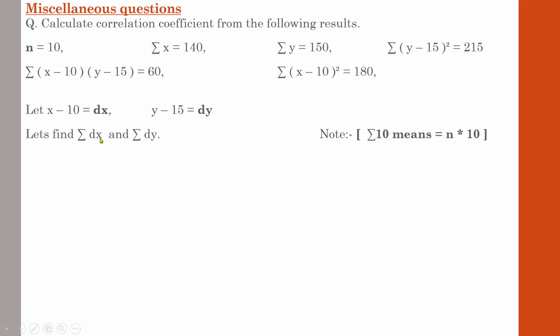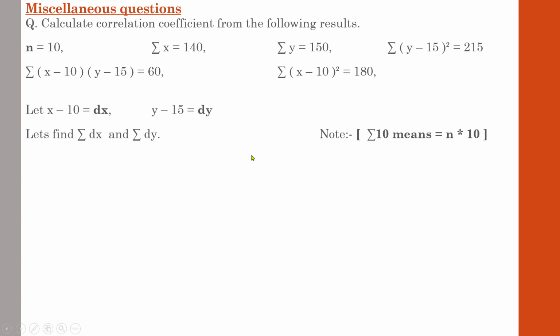Let's find sigma dx and sigma dy. Because if you go through it, you can see that n, sigma x, sigma y, sigma dx square, sigma dy square, sigma dx dy are given. There is no information about sigma dx and sigma dy, so you need to find them.